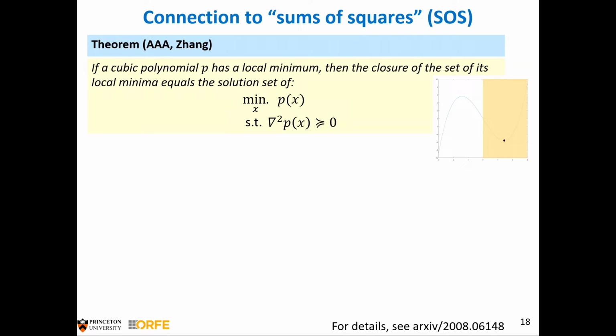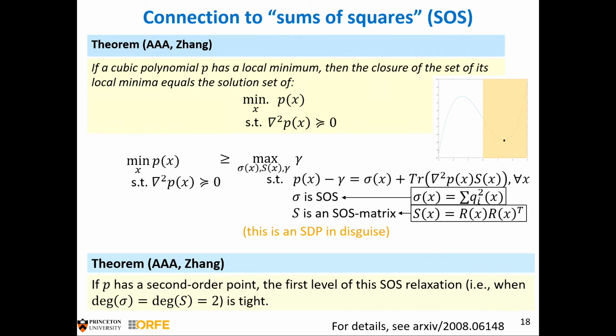The question roughly is, how would we solve this problem? Even though the feasible set is a linear matrix inequality, the objective function is not convex. It's some cubic polynomial. So instead of solving this problem, we solve what I think of as an algebraic dual problem, where the decision variable is no longer x. I'm searching over some polynomial sigma, which is a sum of squares, meaning that it can be written as a sum of squares of other polynomials.